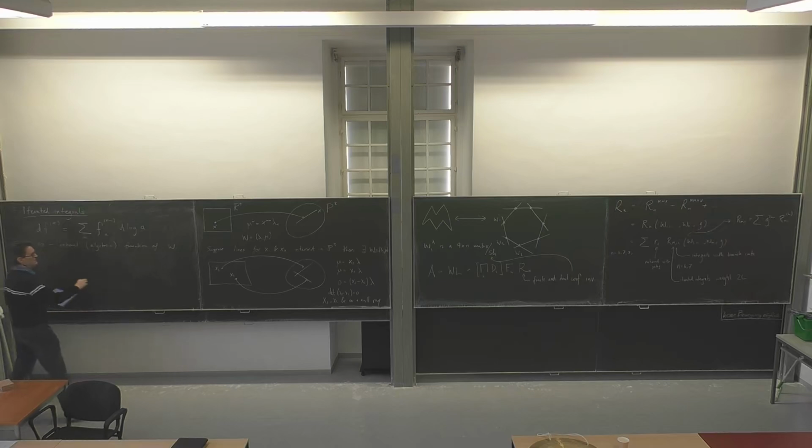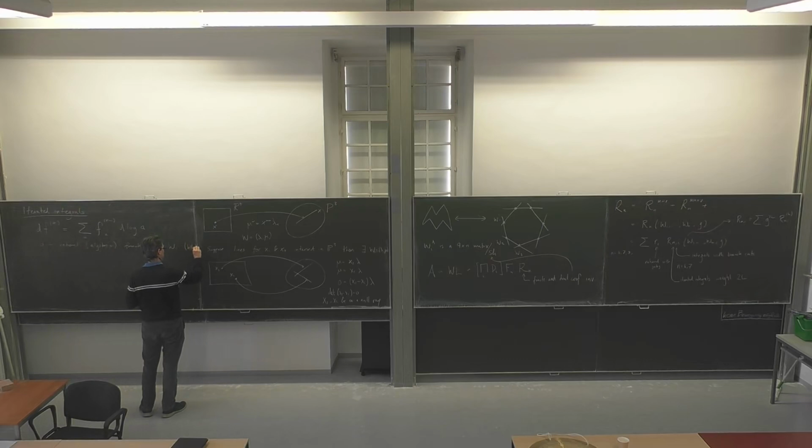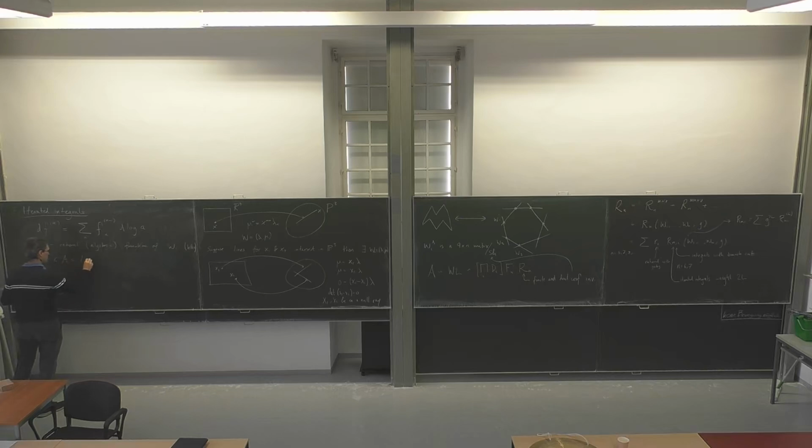We call each of them, some jargon, letters, each of these A's. They sit in some finite set of letters, A1 up to AD, since n was the number of particles. There's D of them. This is called the alphabet.